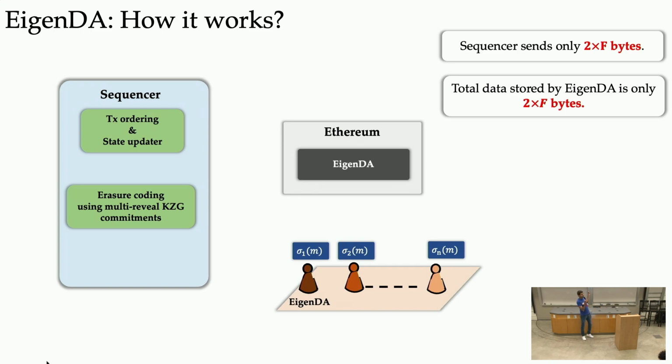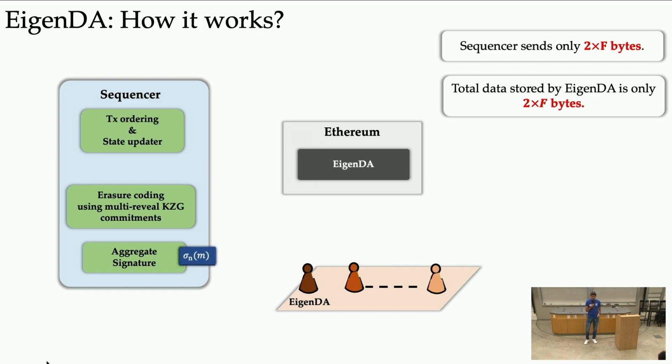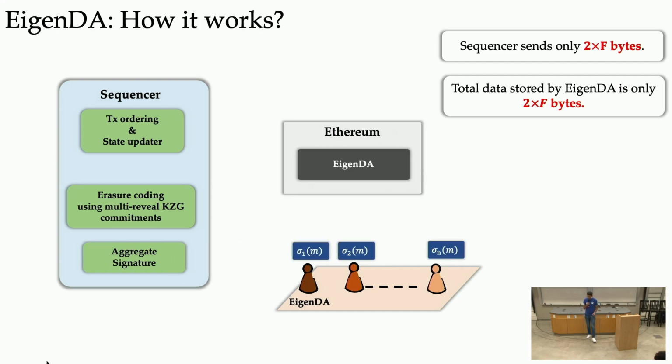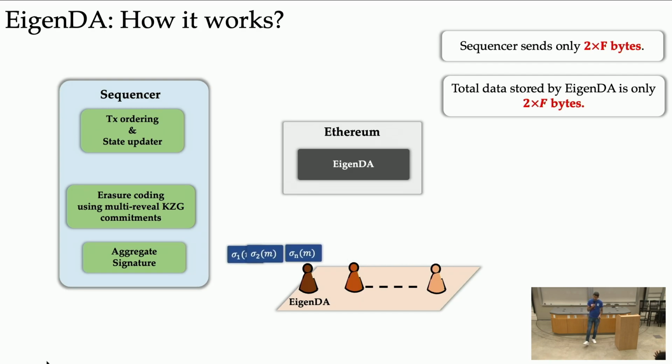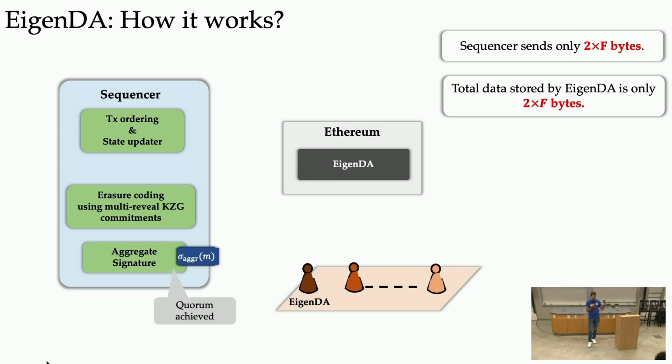Then they sign that they have actually checked the data, with a BLS signature, and they send it back to the sequencer, which aggregates all of these signatures into an aggregate signature. And now, all you have is the message that, hey, I have received this KZG commitment, and the DA nodes have attested to it. You have an aggregate signature of this.